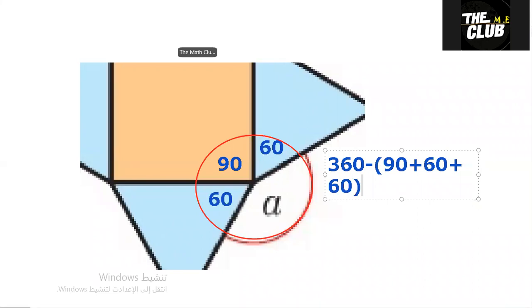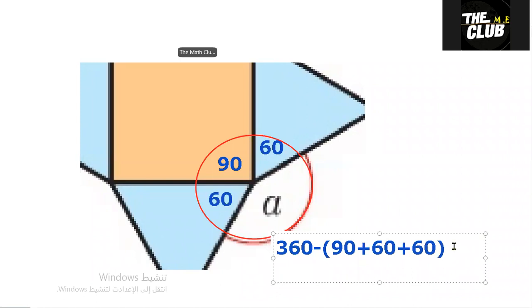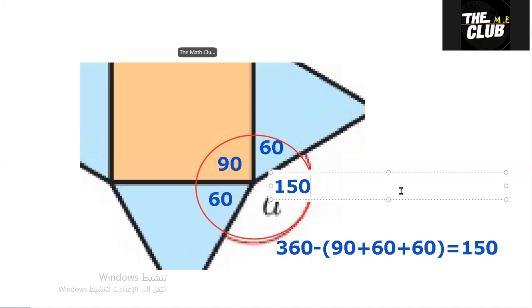We add the 90 with the two 60s together: 60 plus 60 plus 90 equals 210. And then subtract it from 360 equals 150. So this angle here is 150. And that's it for angle A.